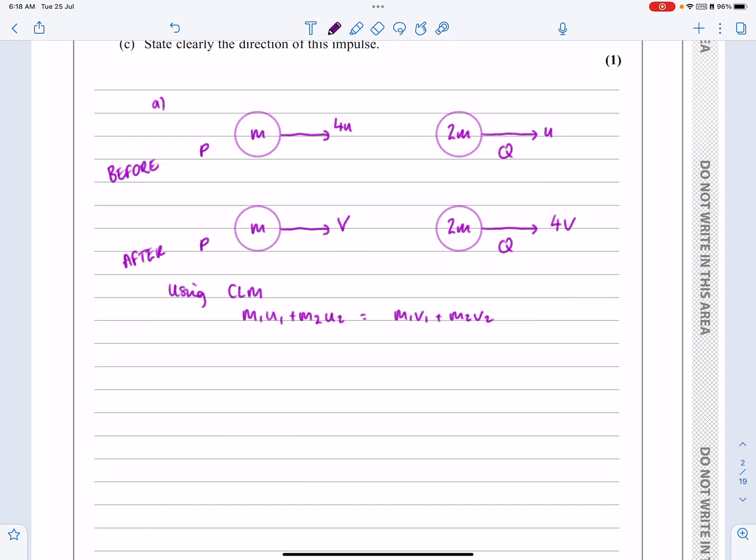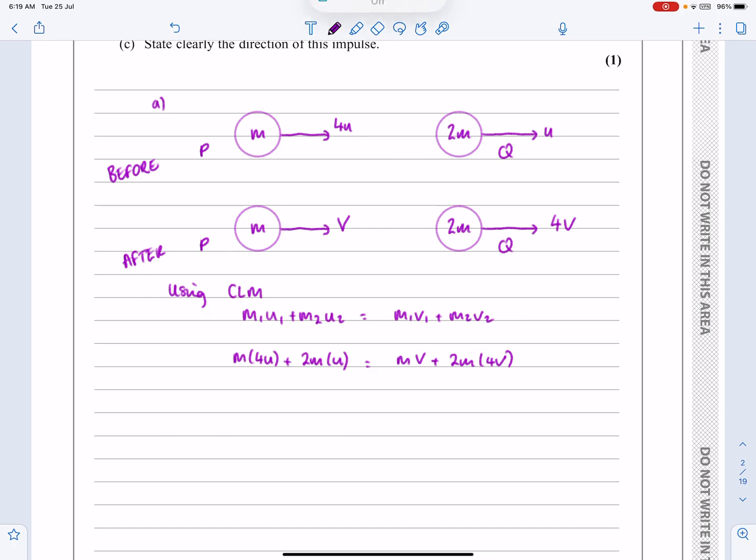So let's put the information in. M1U1 is M times 4U, and M2U2 is 2M times U. That's the same as MV plus 2M times 4V.